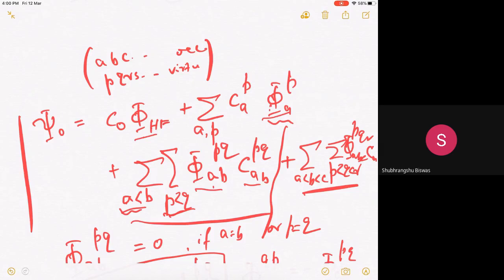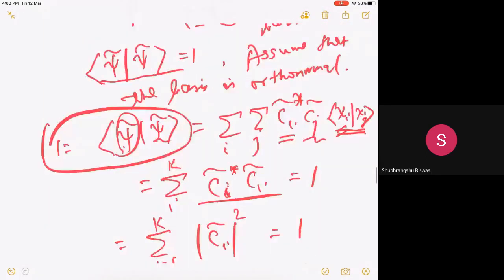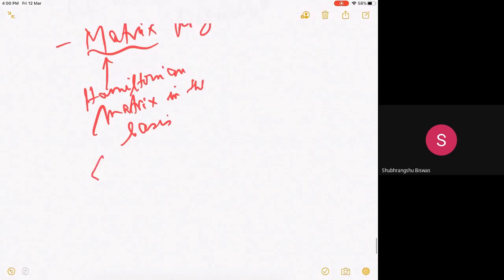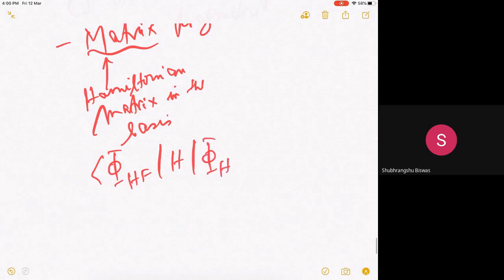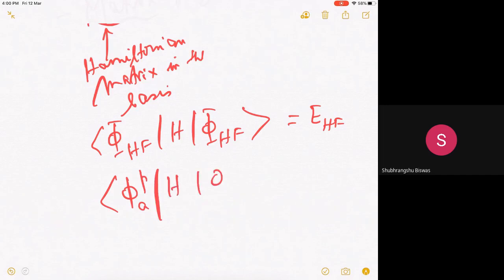So in some sense, CI is very simple. It just means I have to find out, in actual practice, how to calculate matrix elements between all these bases. Of course, one of them is walkover, that is, you already know this. Then you can have phi A AP, H, phi Hartree-Fock.